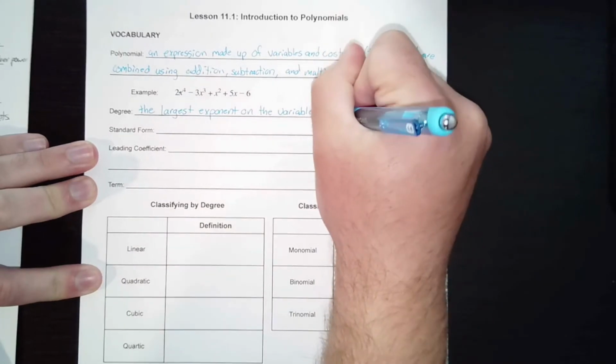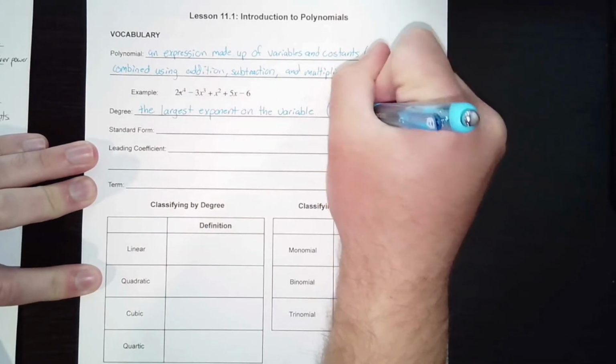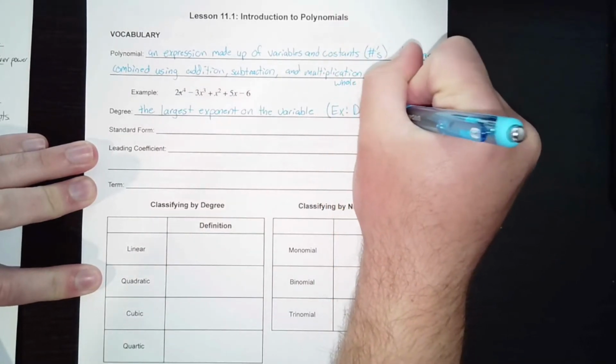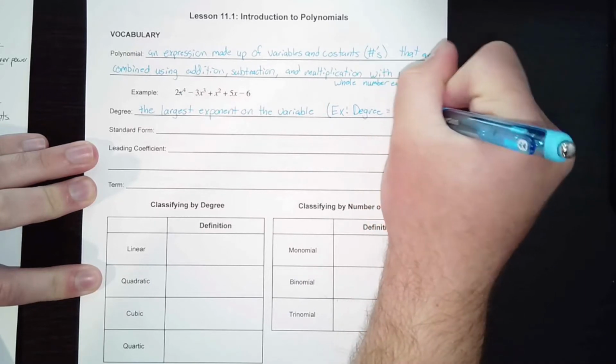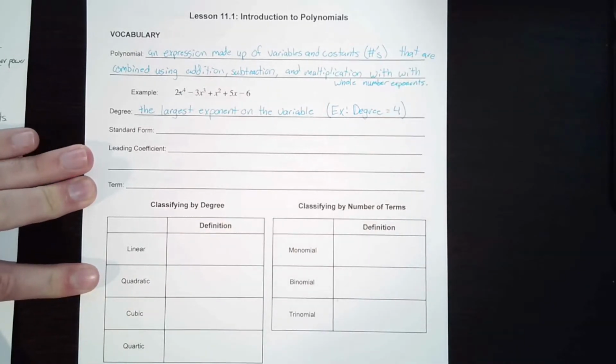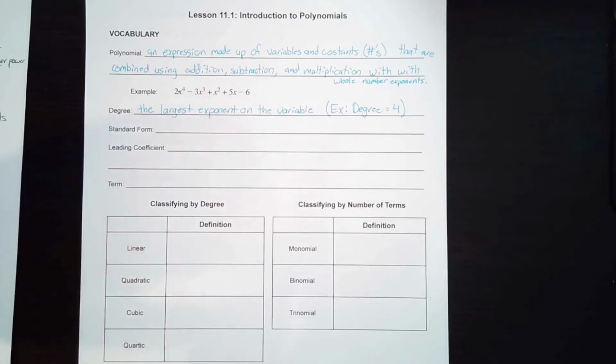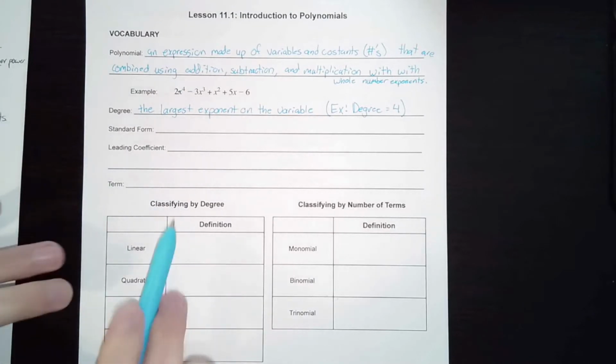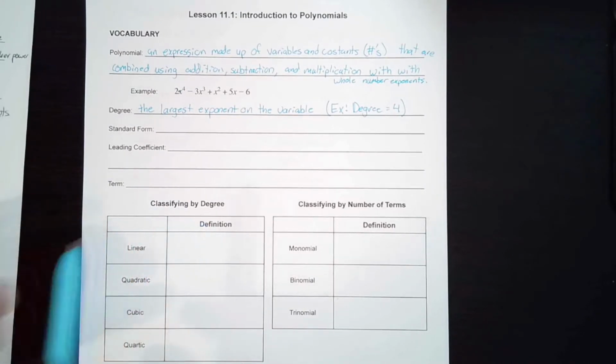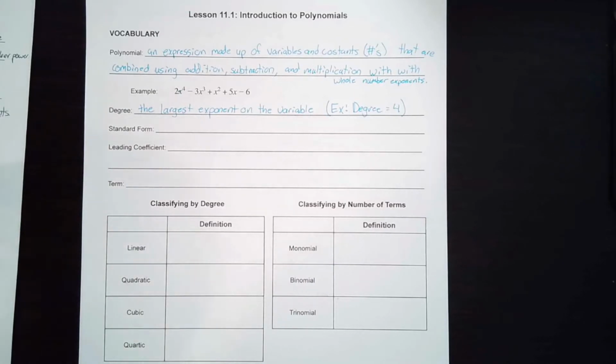So we would say that here in the example, our degree is equal to 4. Okay, now that degree is really important because what it does is it allows us to kind of split all of these equations into different groups. Okay, if you look down here, we're going to classify by degree. That means we're going to be able to split these equations apart into different groups that look slightly different than others, and we can solve them differently, and we'll work with those as we go.